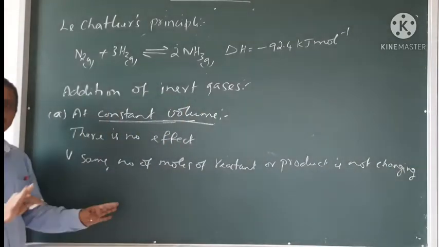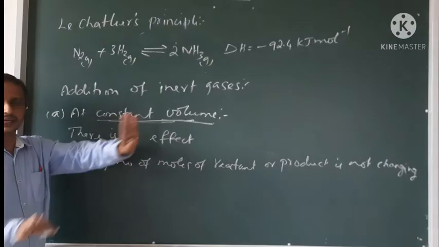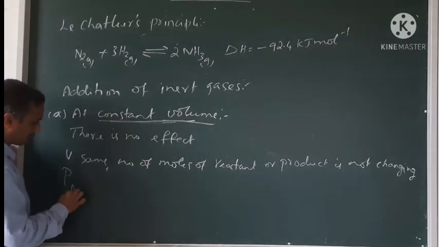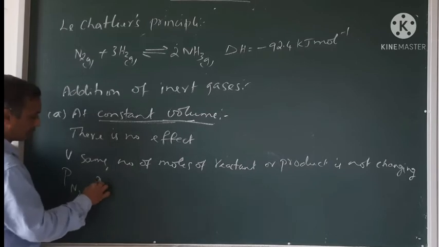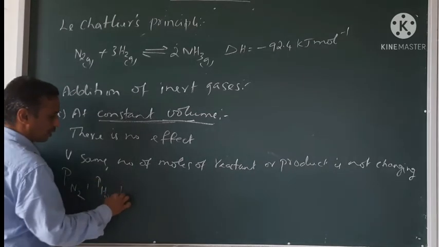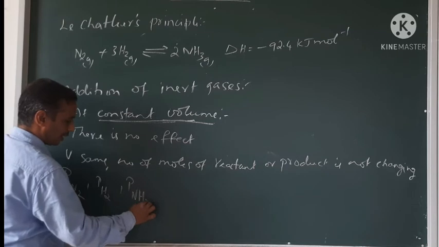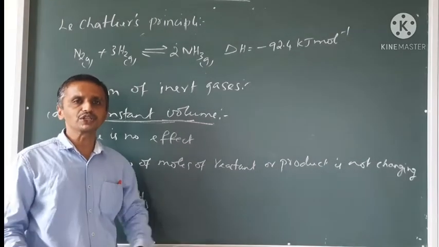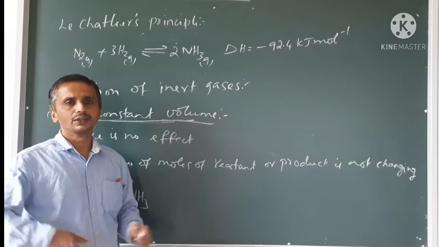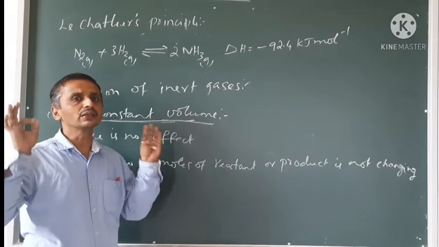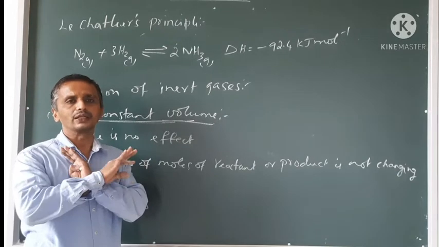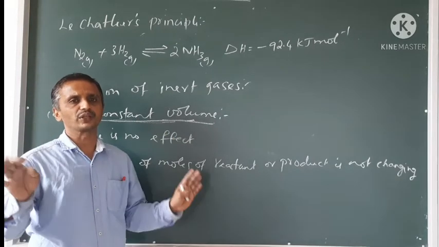Means the partial pressure of the reactant or the product is not changing. Partial pressure of N2, partial pressure of hydrogen, partial pressure of ammonia are not changing. Since the partial pressure is not changing, if an inert gas is added at a constant volume, there is no effect of addition of inert gases.